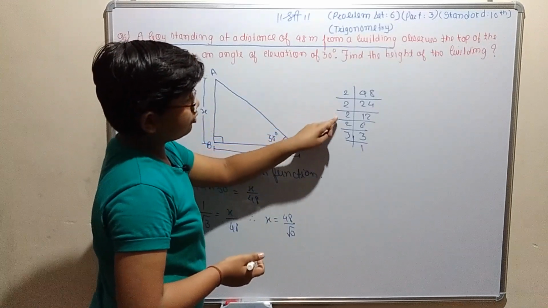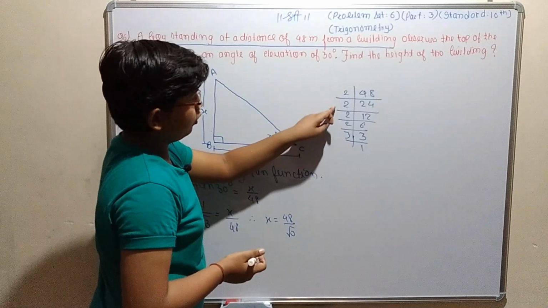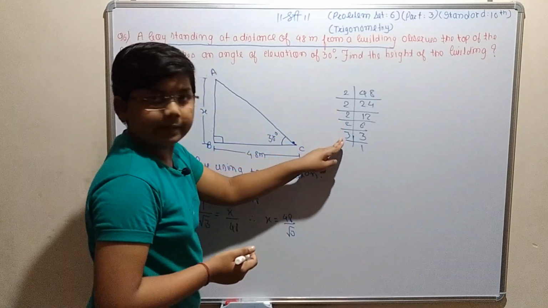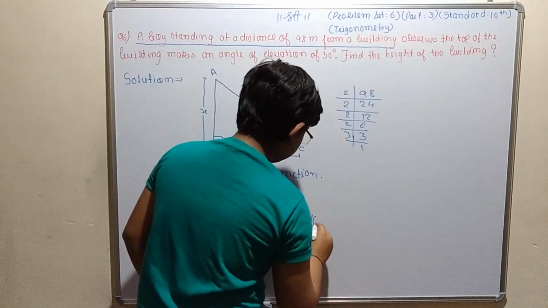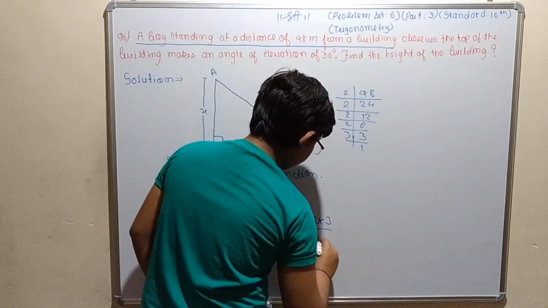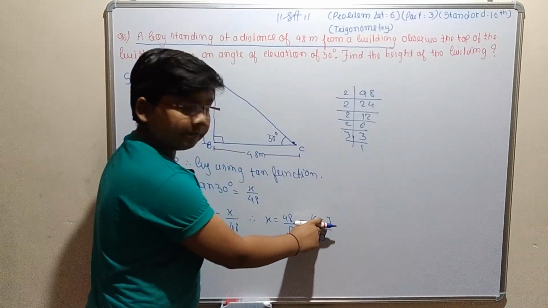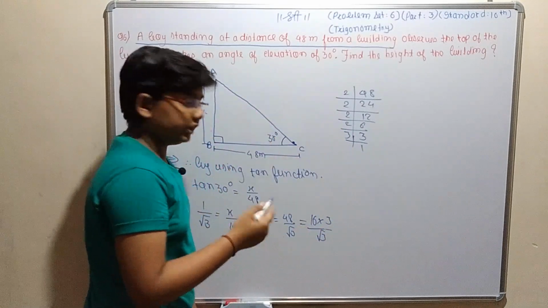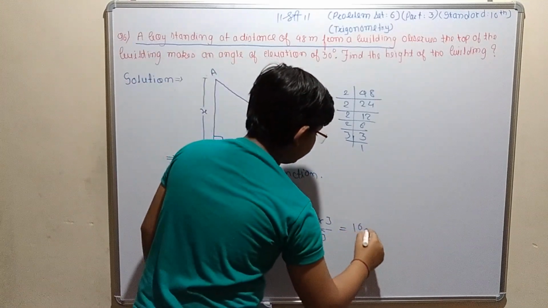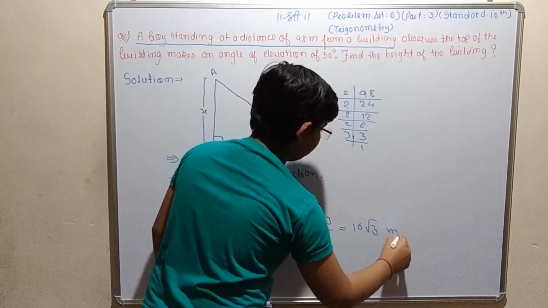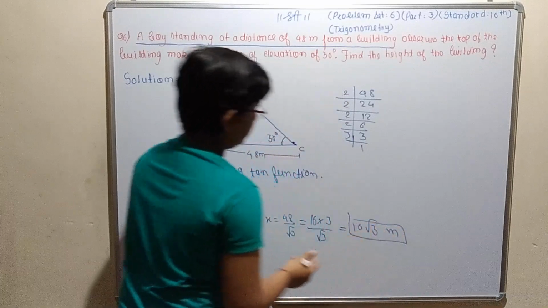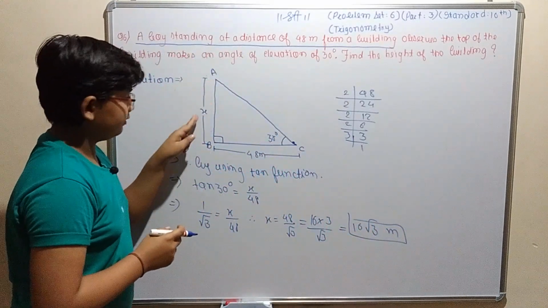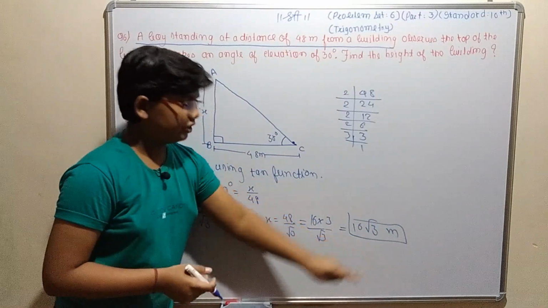Now 2 times 2 times 2 times 2 is 16, so we get 16 times 3 upon root 3. Now 3 is nothing but root 3 into root 3, so root 3 and root 3 get cancelled. So it will be equal to 16 root 3 meter. So the height of the building, that is AB, which is x, equals 16 root 3 meter.